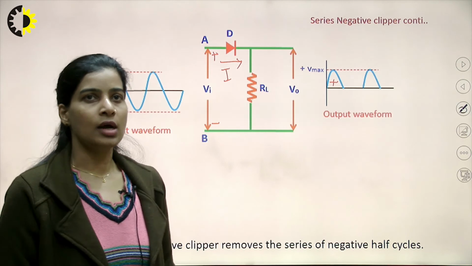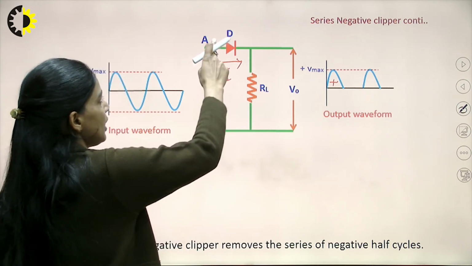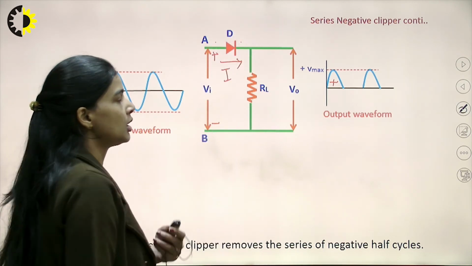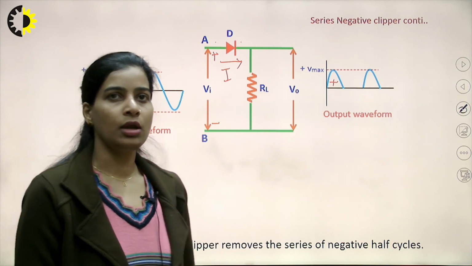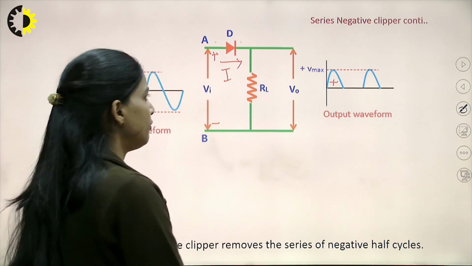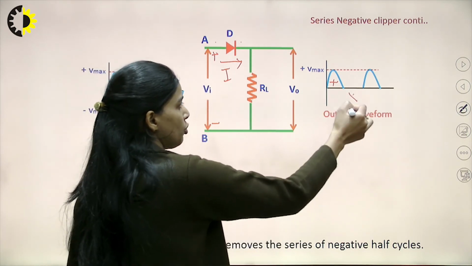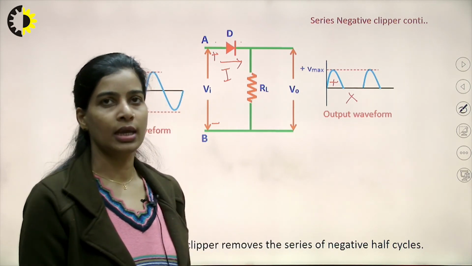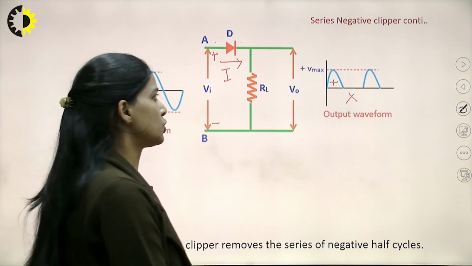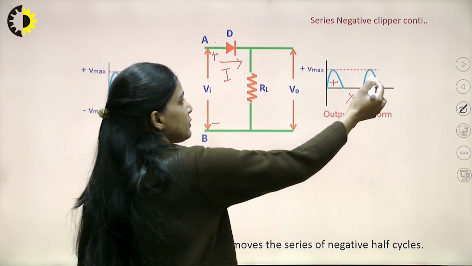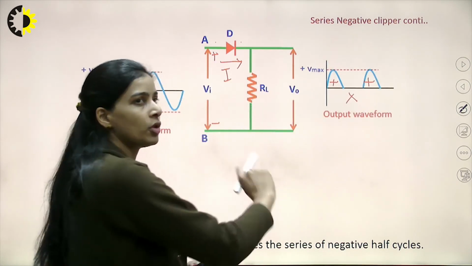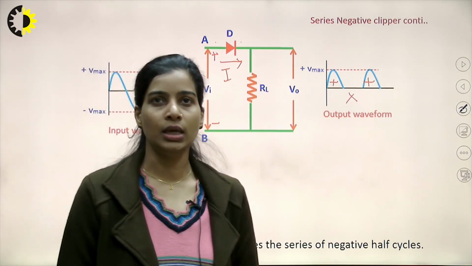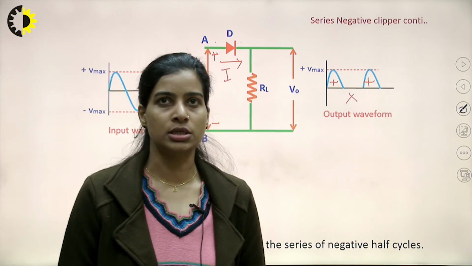For the negative half cycle, here negative will appear and here positive. So, the diode will be in off state and we do not get any output for the negative half cycle of the input. That will again repeat for the positive cycle. This diode will get forward biased and we get the output voltage.